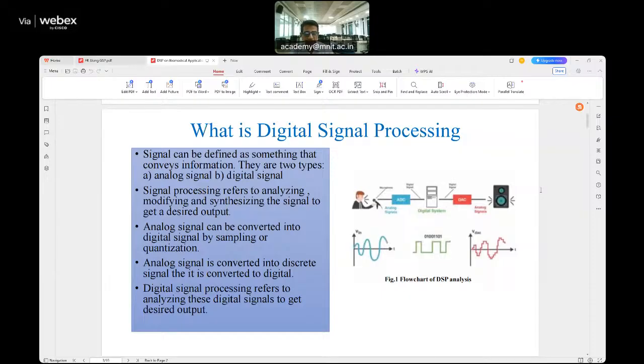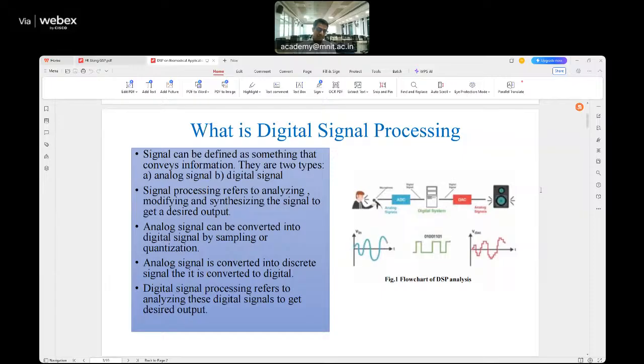It can be very easily processed by a microprocessor or microcontroller. That's why it is required. For my computer, specifically my microprocessor, the discrete signal is the best one to act on instead of analog. Why is it so? Because all the VLSI hardware is very well implemented to process the discrete signal. That is the key thing.